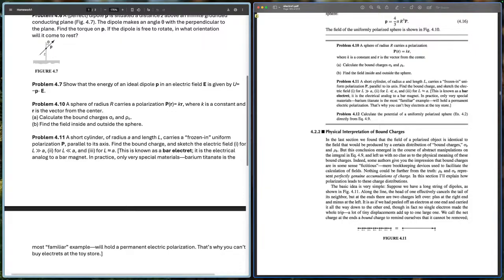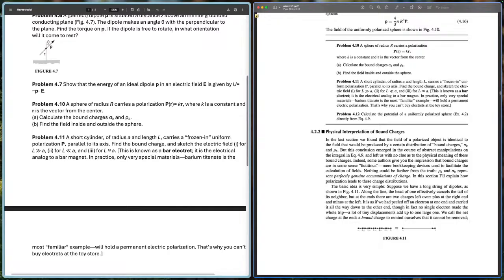Let's read on to 4.11. It carries a frozen-in uniform polarization parallel to its axis. So this would be convenient to use cylindrical coordinates.